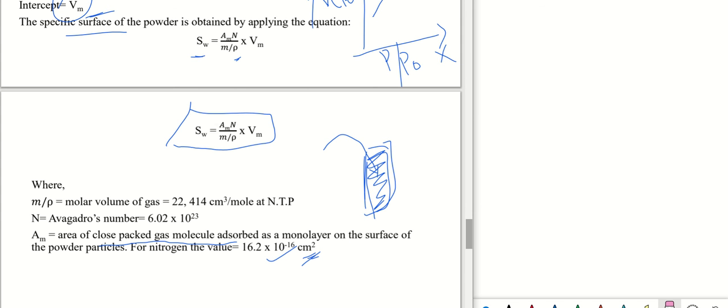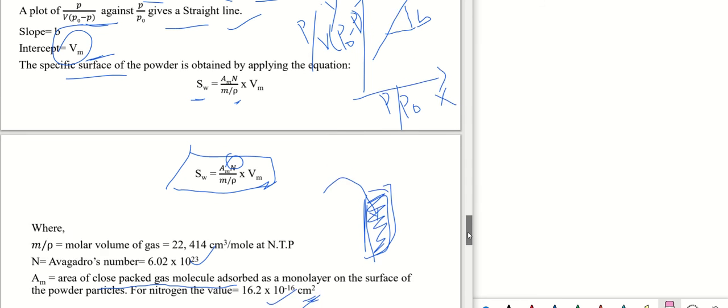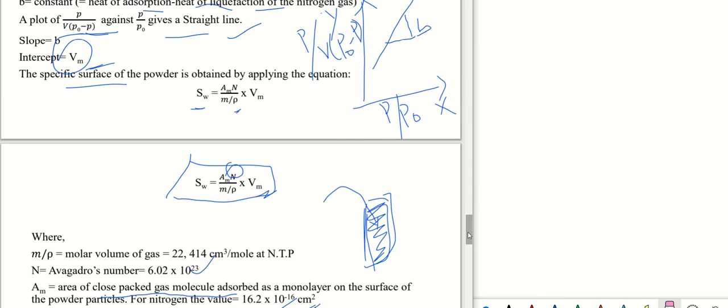And N is the Avogadro's number, constant. So Vm is the value which we get from the intercept, and M by rho, molar volume of the gas that has been adsorbed. And now this value we will be getting from the volume that has been adsorbed onto the powder particles.